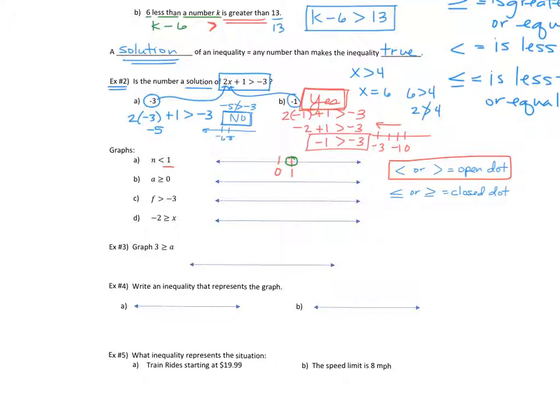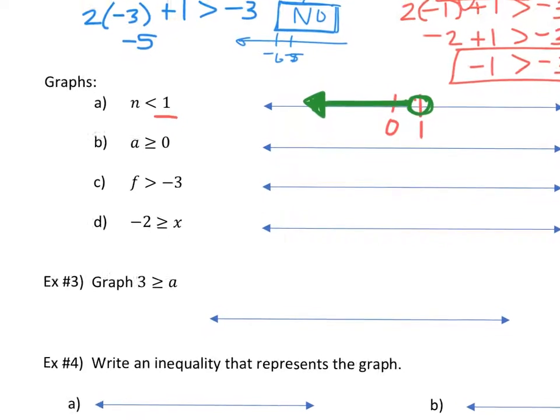And then if n is less than 1, do you think my arrow, my shading is going to go to the left or to the right? To the left. If it's less than 1, it's all the numbers that are less than 1. So when you graph this, it should be an open dot and shading to the left. Let me show you a little trick with this.